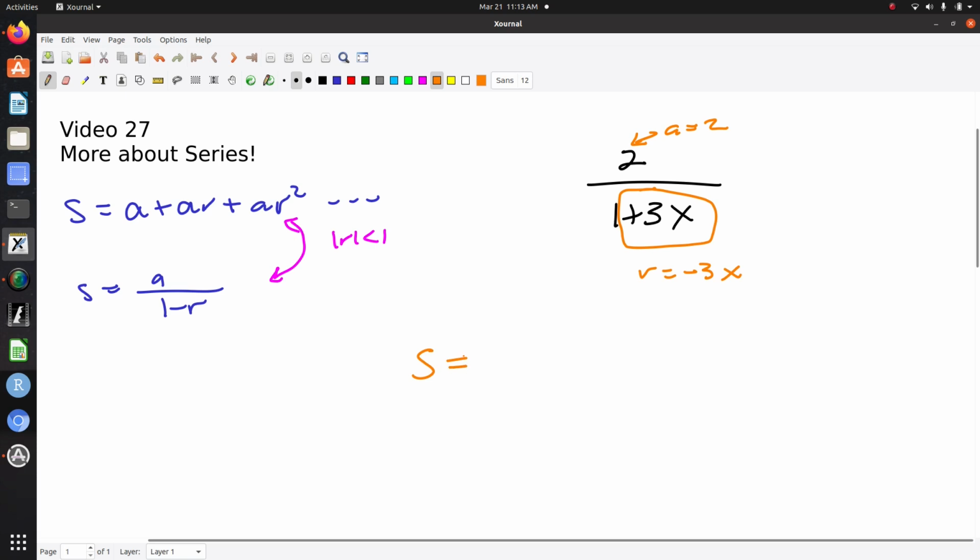series like this. You can say 2 minus 2 times 3x plus 2 times, you can write minus 3x squared, but you know that negative is going to go away. So you can write it just like that. And then minus 2 times 3x cubed, and so on and so forth.